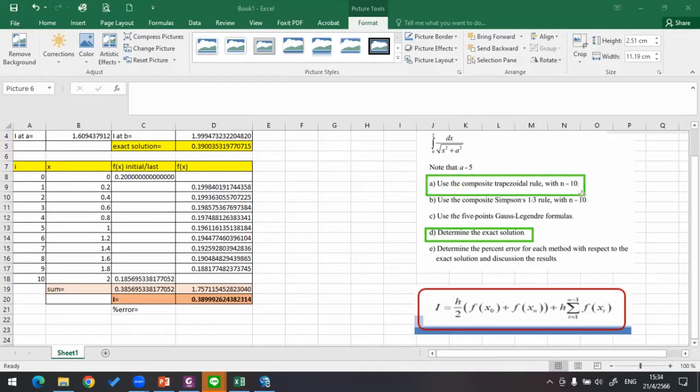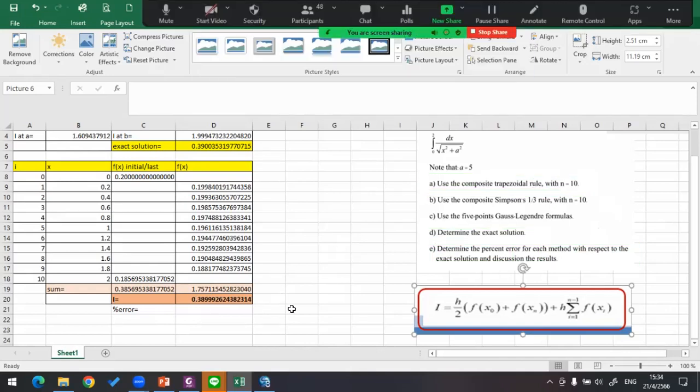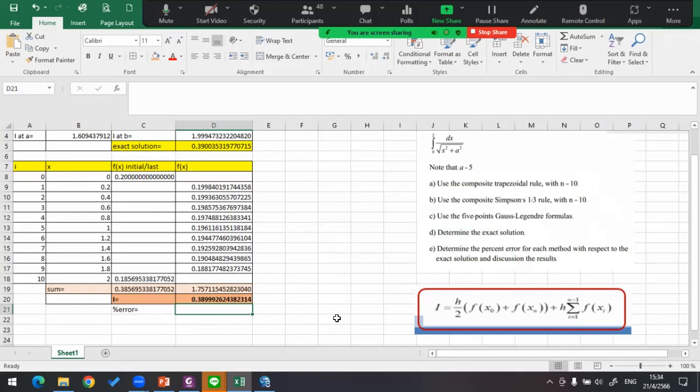We already finished this, the trapezoidal rule, and then we will determine the percent error for the trapezoidal rule. The percent error compared with the exact solution is the absolute value of the difference between the numerical value and the exact solution.